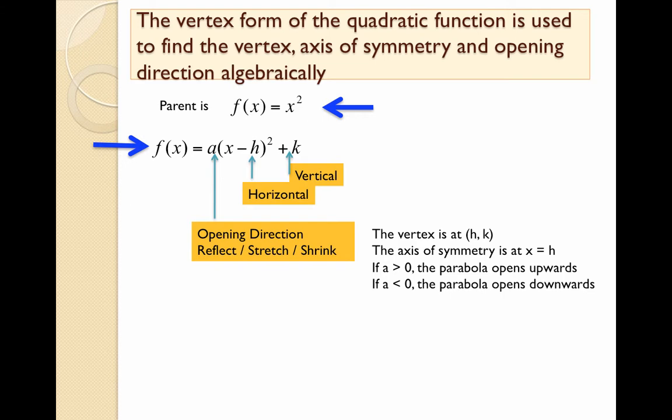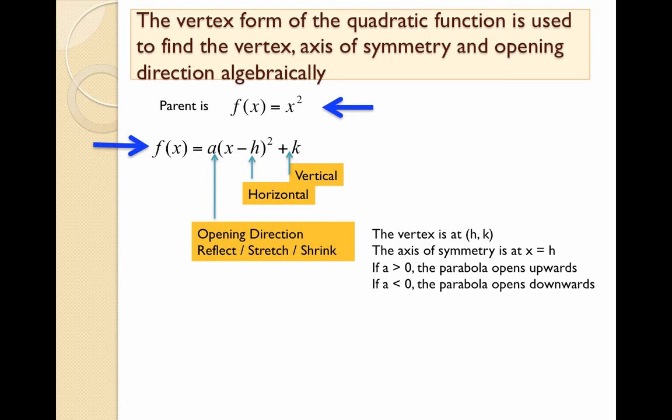So are we going up or down and how far? And again, that's in relation to our basic quadratic parent, which is f of x is equal to x squared. And if you recall, the vertex of that parent is at 0, 0. So we're translating that vertex h units in the horizontal direction and k units in the vertical direction.